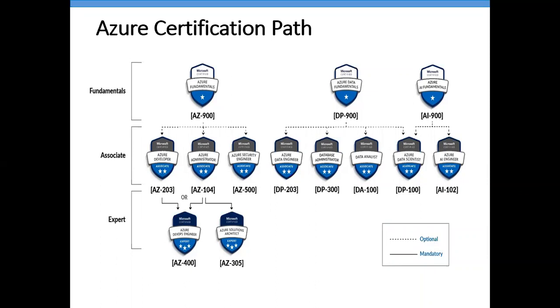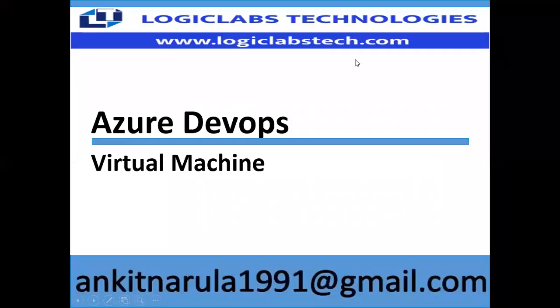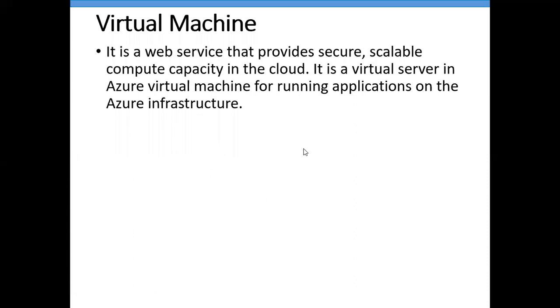Okay, so we'll start with today's topic, where we are going to discuss how we can create a Linux virtual machine. But before that, we are going to discuss what is a virtual machine. A virtual machine is like a computer to us. I can create a computer virtually in Azure infrastructure, and that computer is called a virtual machine.